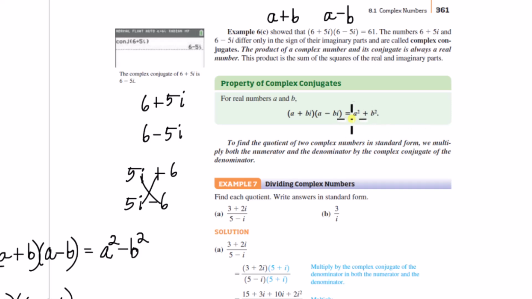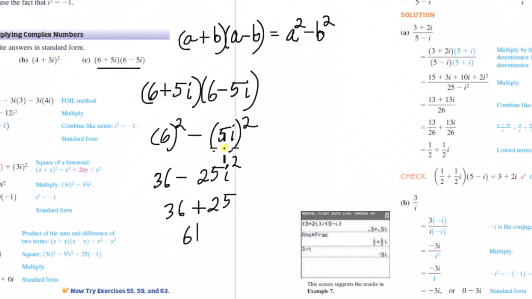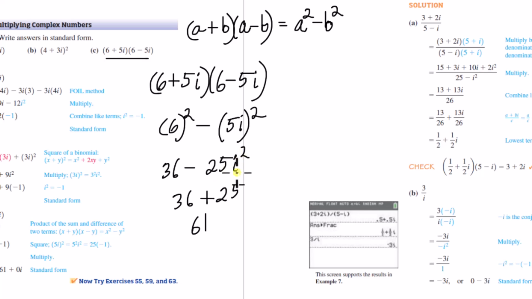They say a squared plus b squared because, if we come back here, you take the i squared out and you end up with a squared plus b squared. Typically, with just real numbers, a plus b times a minus b is a squared minus b squared. But because of the i squared that you get, it turns into a squared plus b squared.